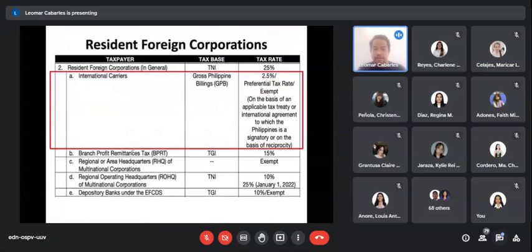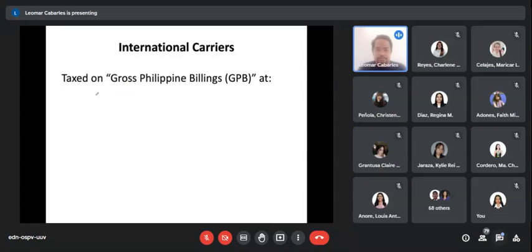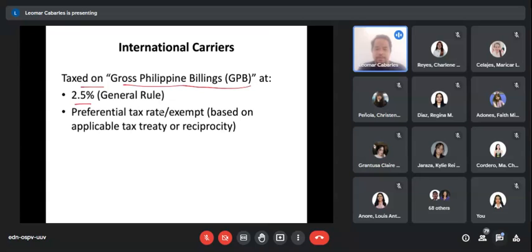So international carriers. Let's talk about international carriers. So ang taxation niya ay gross Philippine billings. Generally, 2.5%. But if there is a tax treaty or on the basis of reciprocity, preferential tax rate may apply, or it may even be exempt.